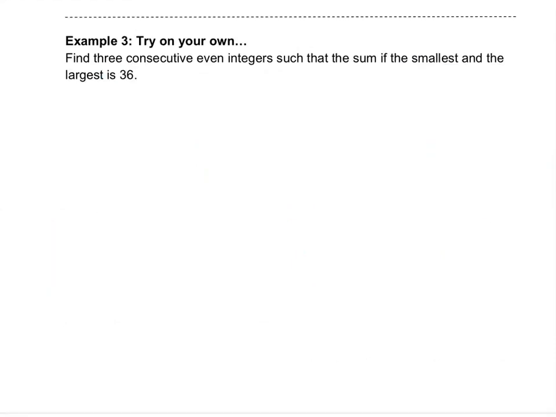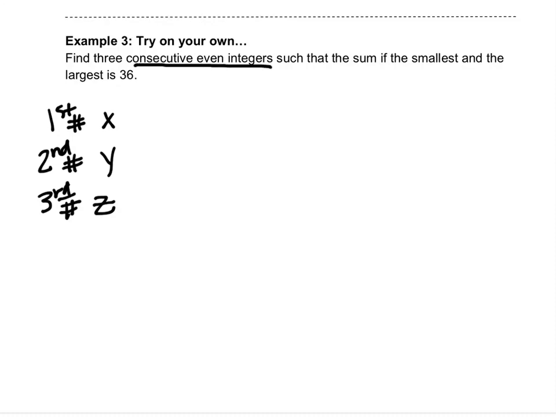So if we do this, let's go ahead and indicate that the first number is x, the second number is y, and the third number is z. From here, I'm going to recognize that if I'm working with even integers, an example could be 10, 12, 14, 16, 18, etc. Those are my even integers.